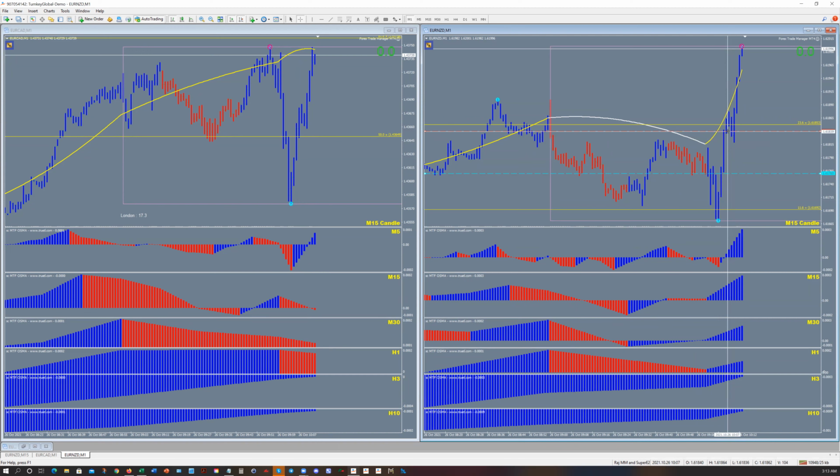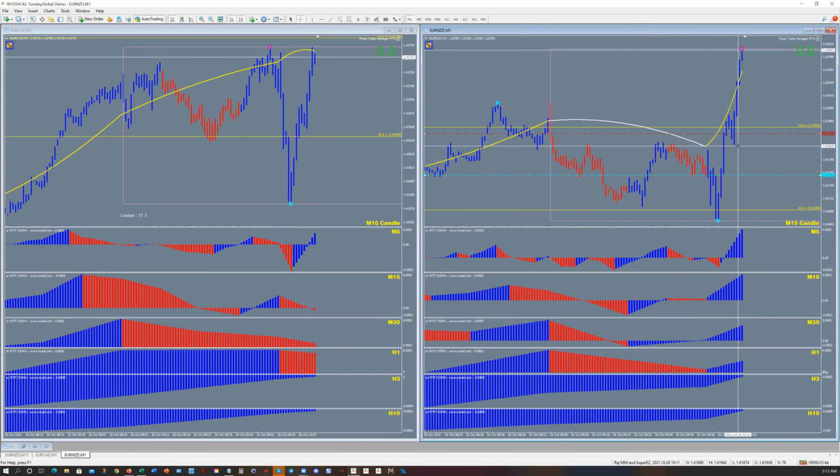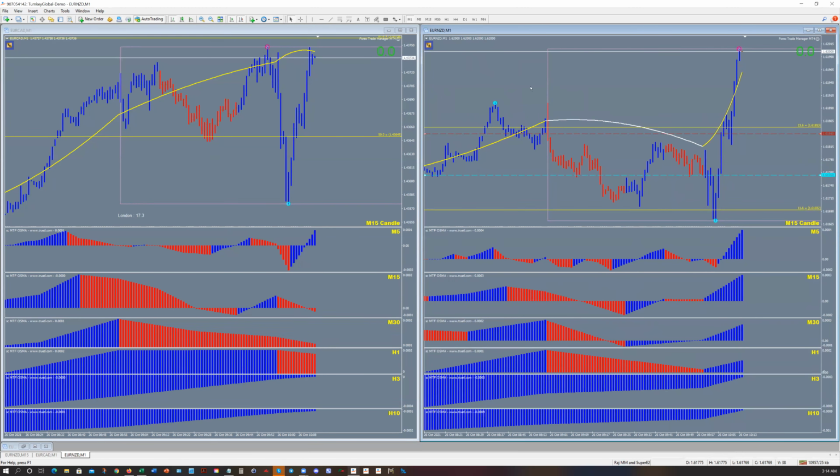This is where Raphael got in. So if you had moved the stop loss, it would have been like a 3 pip stop loss. But your initial risk to reward, your lot size would have been calculated on a 17 pip.